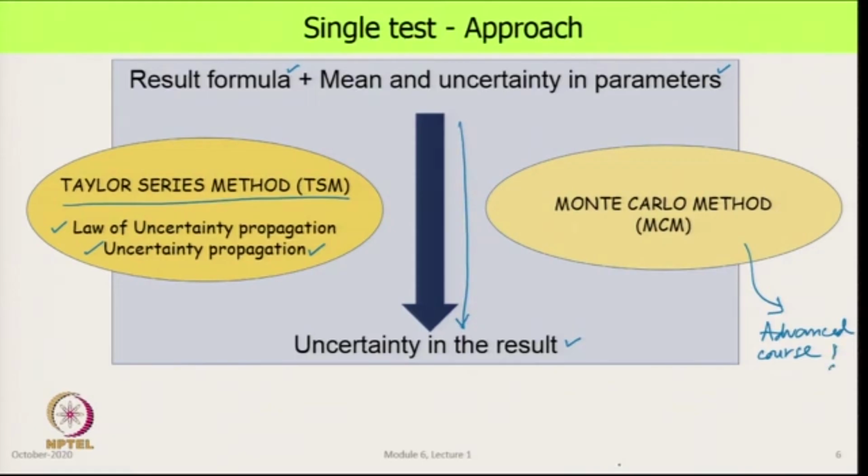It is a fairly powerful method, and very quickly we can generate data that is of quite value to us. In this course, we will learn only the Taylor series method.